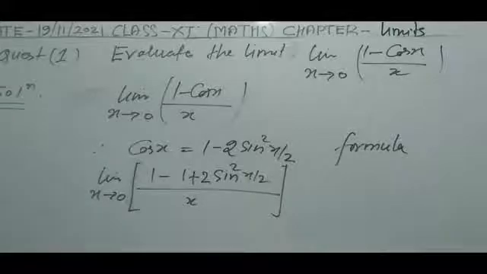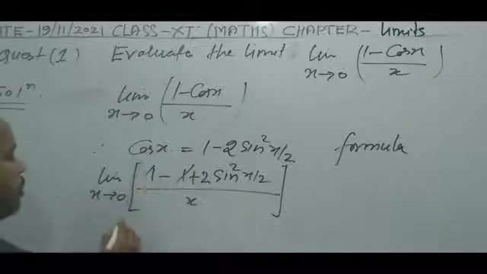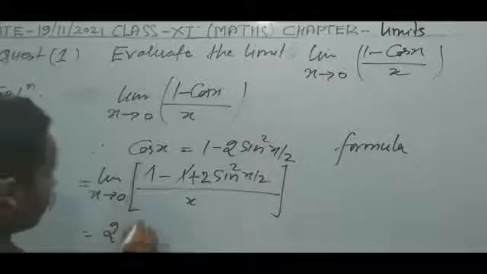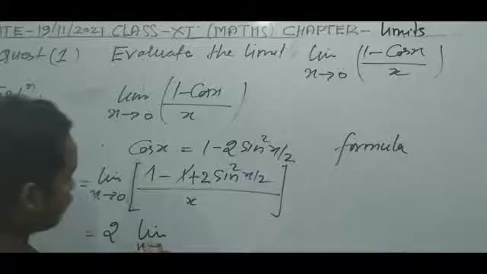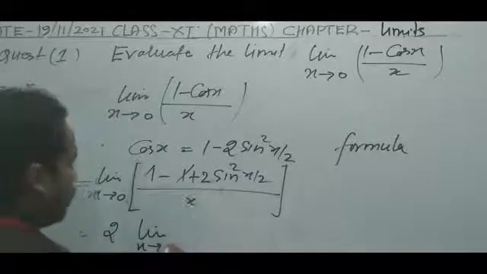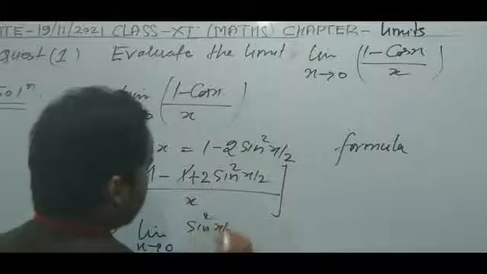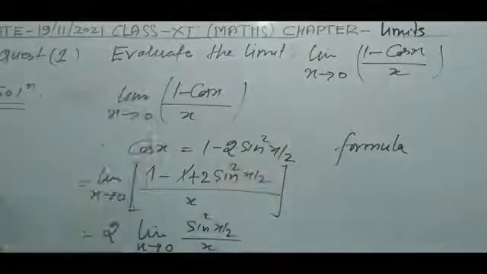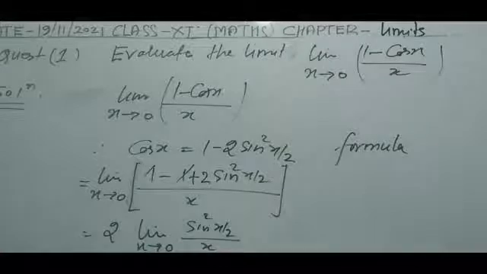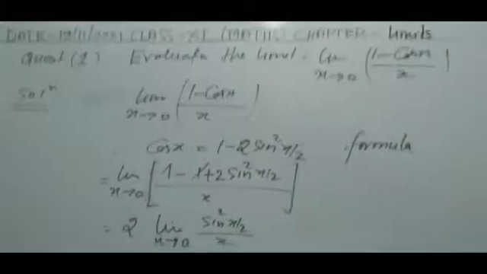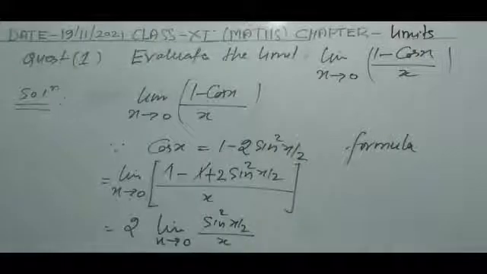Now this one will cancel out. So result will be 2 times limit x tends to 0. This is 2 outside the limit. Limit sine square x by 2 whole upon x. This is clear.